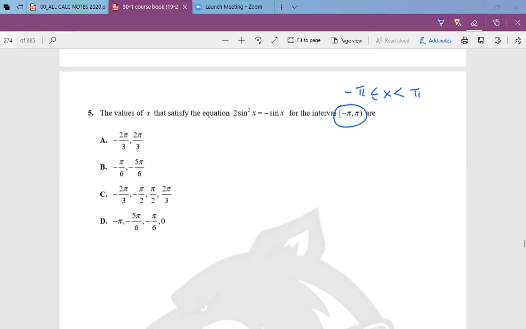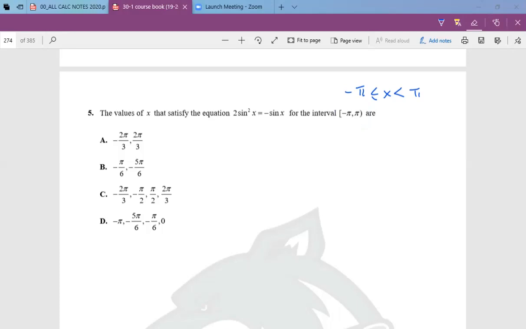So the round bracket on the right side here means that it's strictly less than pi. The square bracket means that it includes the point of -pi. So that's our first thing, is that we have our domain in interval notation instead of set notation, and we just have to be mindful of that.